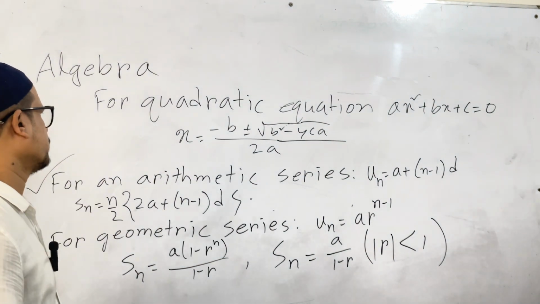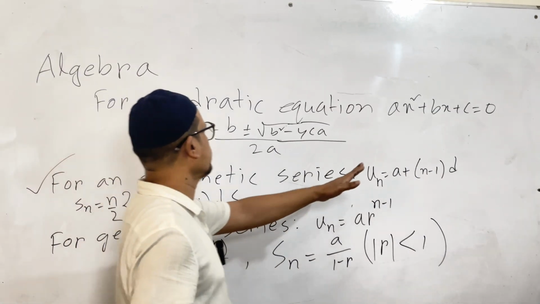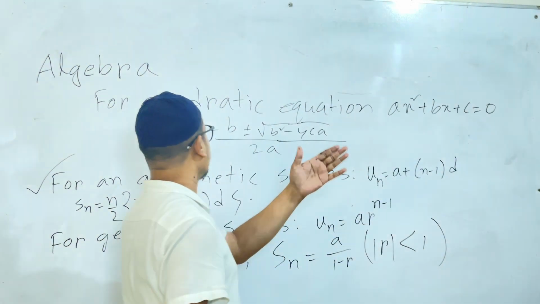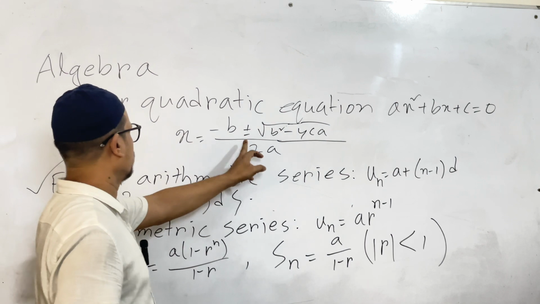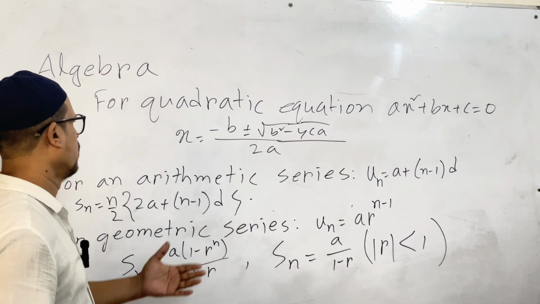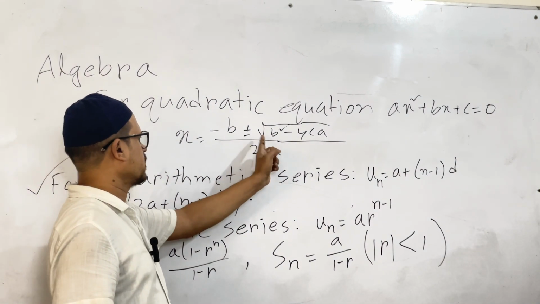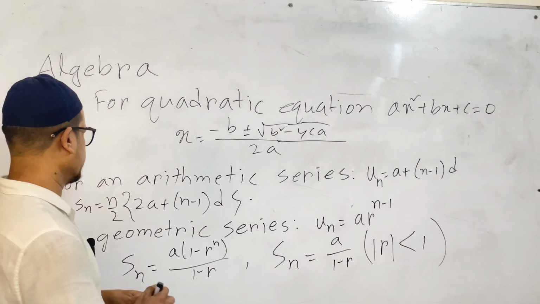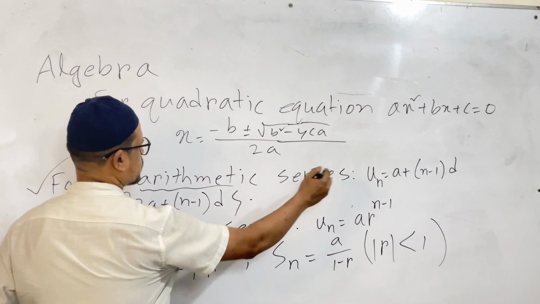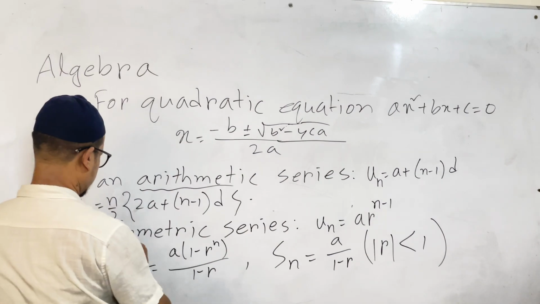That means finally you have to just remember the standard formula of the quadratic equation and the procedure for finding the roots: minus b plus minus root b square minus 4ac. This formula is for arithmetic series, and this formula is for geometric series.